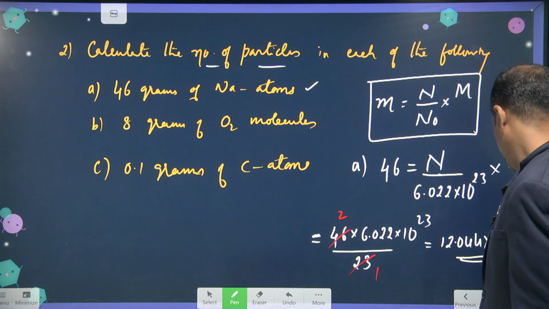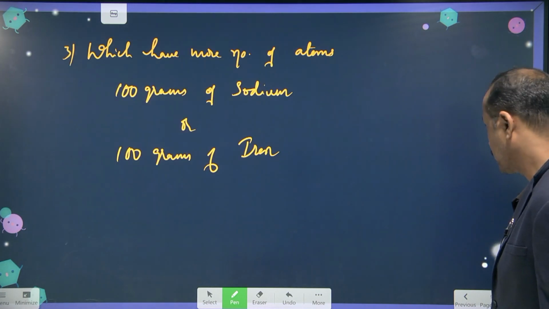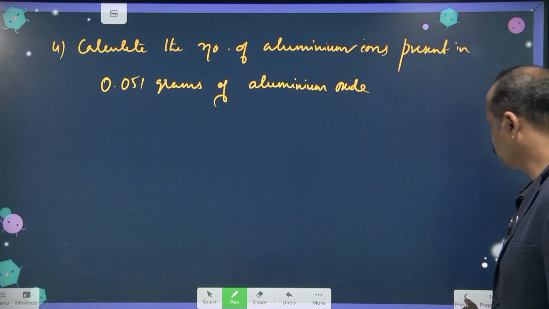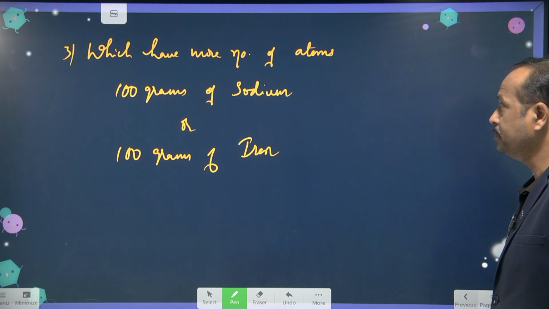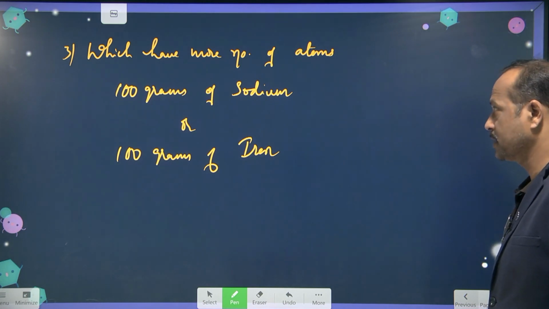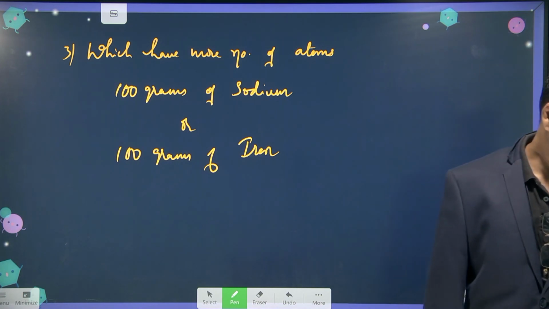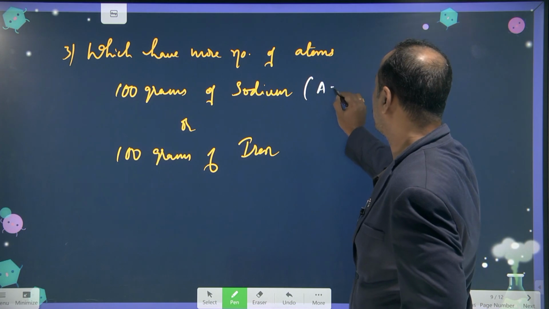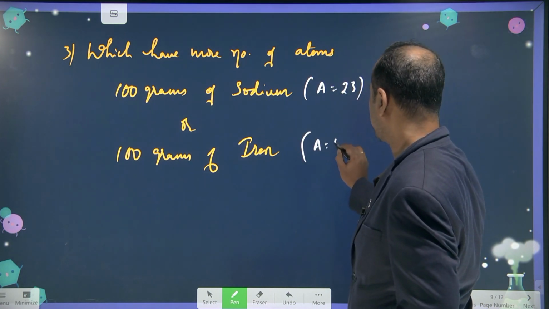Okay. Now, take the screenshot of this one and these two sums and you practice at home. Take the screenshot: which has more number of atoms, 100 grams of sodium or 100 grams of iron? Here, the atomic mass of sodium is 23 and the atomic mass of iron is 56.